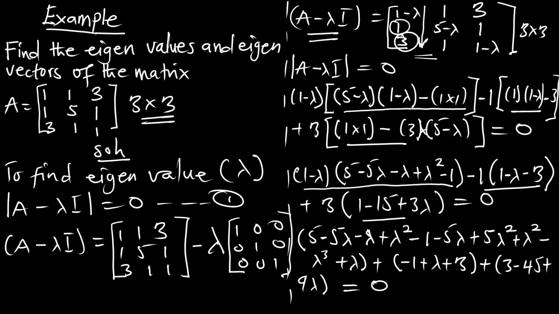Now you group like terms and simplify the equation, so let's look at the final equation we are going to get from this expression. We are going to find our equation to be lambda cube minus 7 lambda square plus 36 equal to 0. This is our equation 2.